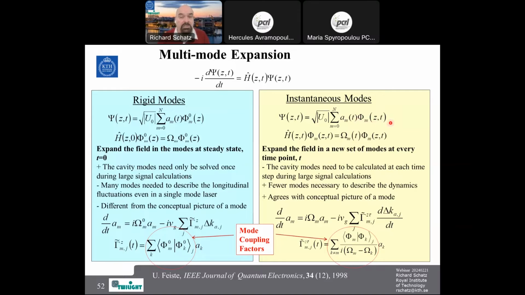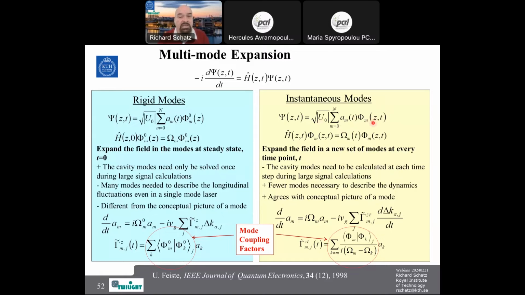However, you can show that this changes little when you know the solution from the previous time point. You just need to look at the differential change. So it's not so much more numerically difficult.